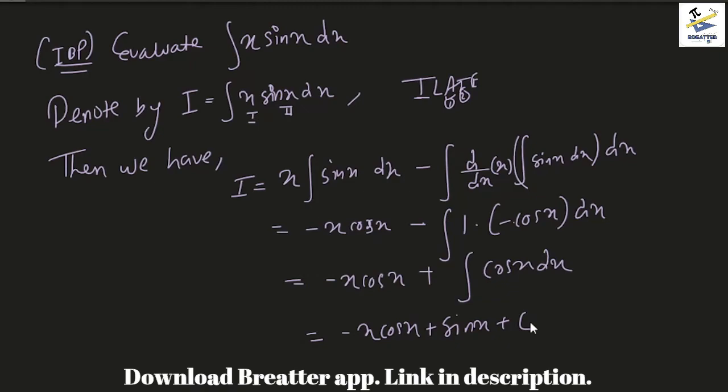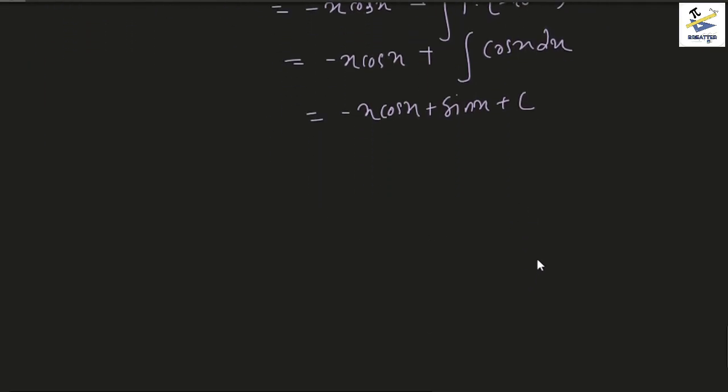So let us try to find out something else here. Next problem would be integral of e to the power x sin x dx. Now this is a problem where you would know why denoting the integral by I is of paramount importance.